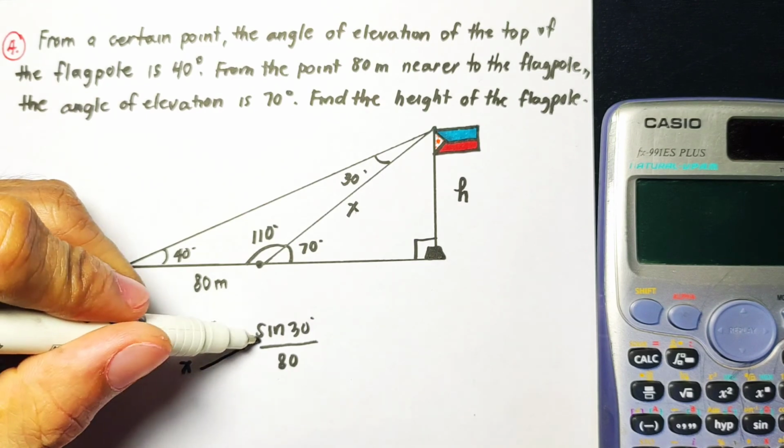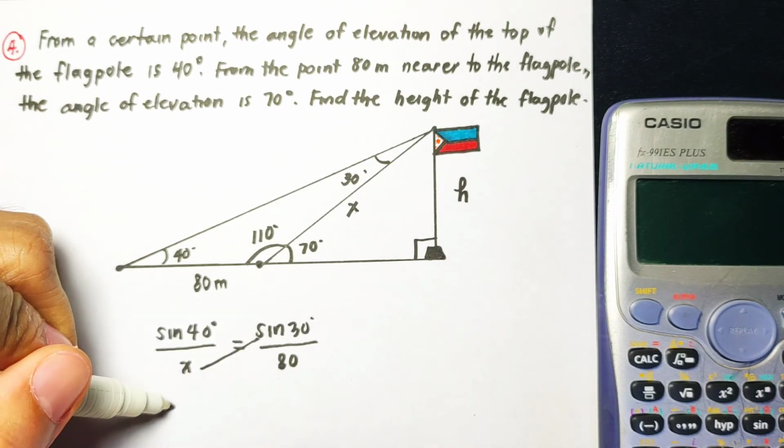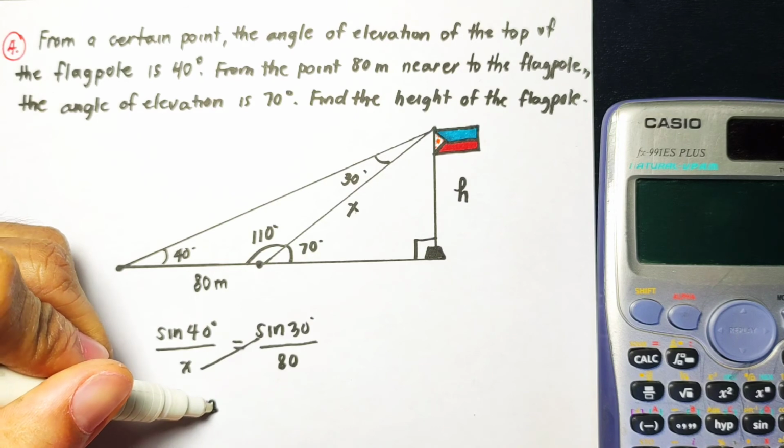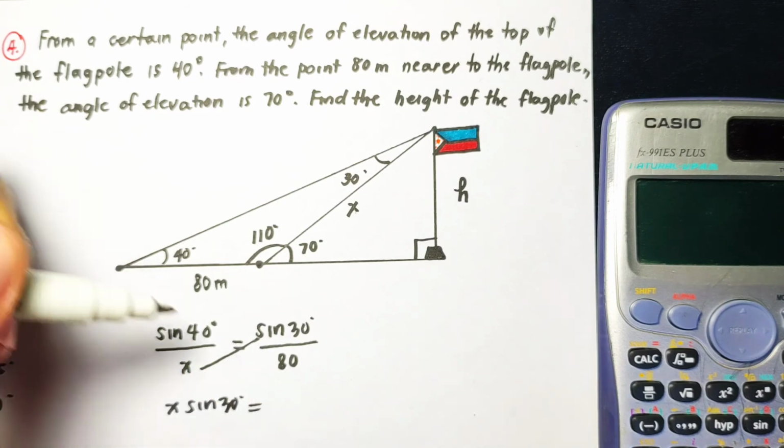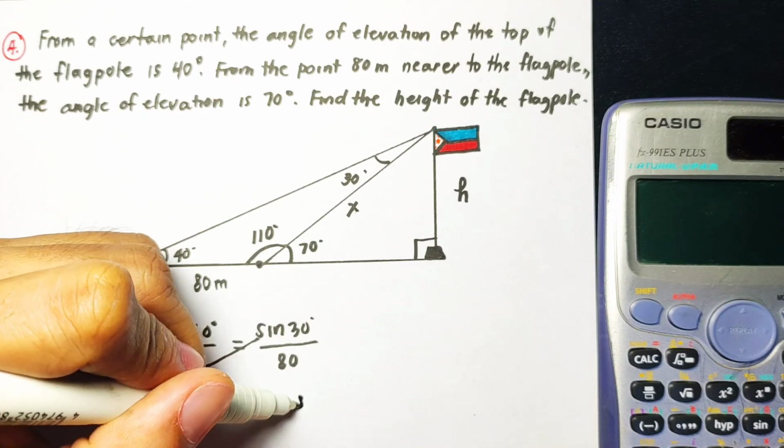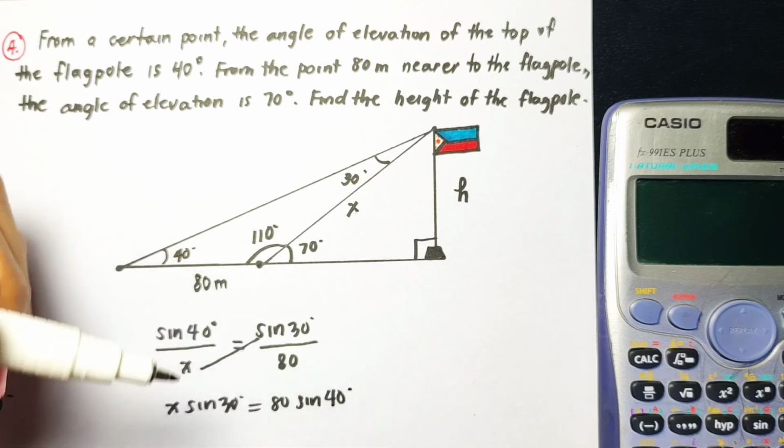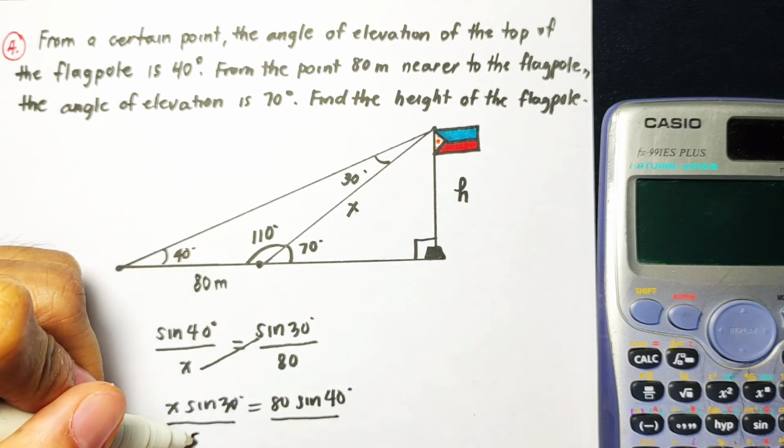We multiply, so we have x sine 30 degrees equals 80 times sine 40 degrees. Divide both sides by sine 30 degrees.